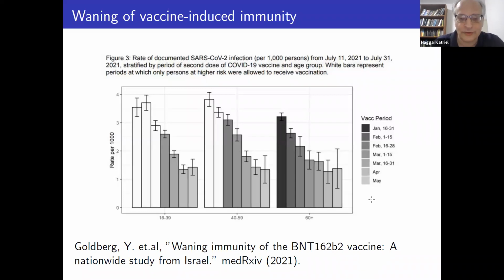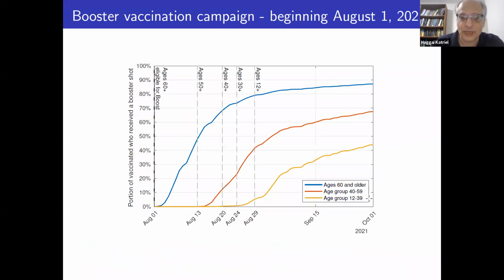So we reached this point of waning immunity, the first country to reach this point. By the end of July, the decision was made to do a booster campaign, and this was also kind of a bold decision because no country had done it, and there was no regulatory approval from the FDA or anything like that.